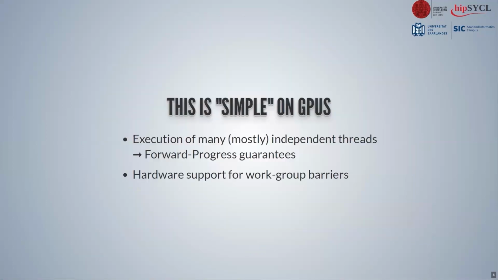On GPUs, this is pretty simple. We just have many, many threads that are more or less implemented by hardware, and therefore we get the forward progress basically for free. Also, the workgroup barriers are implemented in hardware, so it's basically free to do this. I mean, it's still costly, but still cheap.